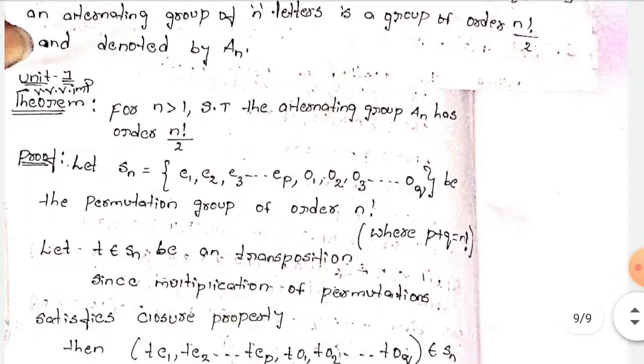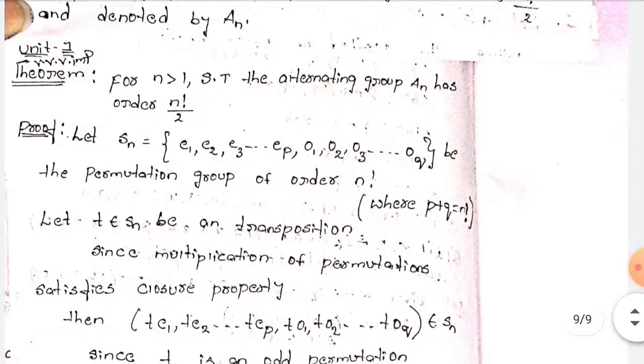This theorem is very important. For n greater than 1, show that the alternating group A_n has order n factorial by 2. Now we are taking S_n, the permutation group. Even numbers we define with E: E1, E2, E3 up to EP.